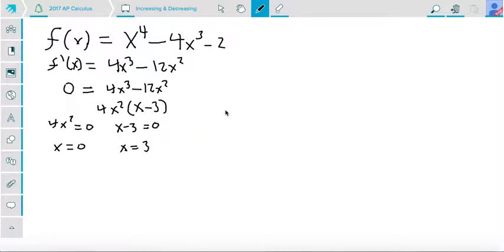Now, once we have these critical points, we can create our table, which is pretty much just to keep you organized.